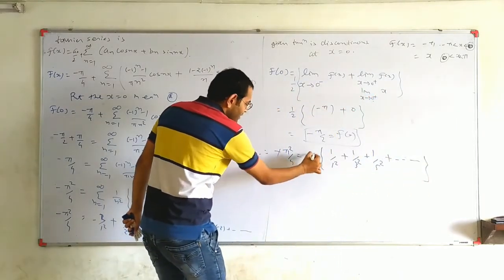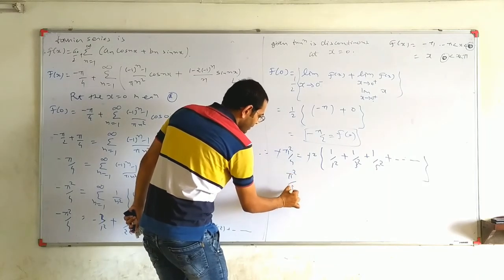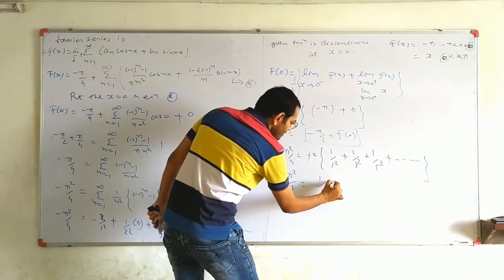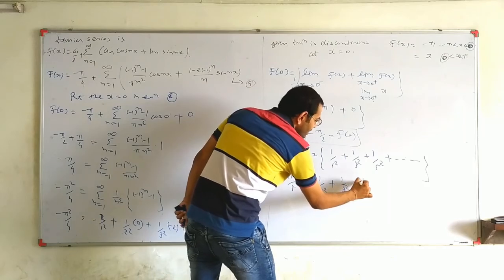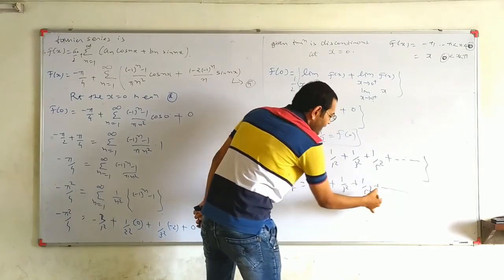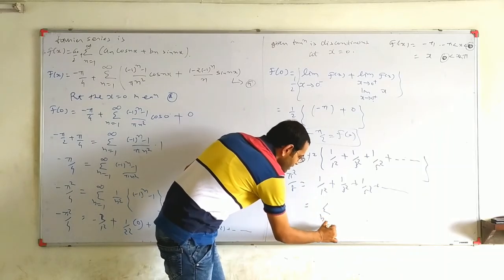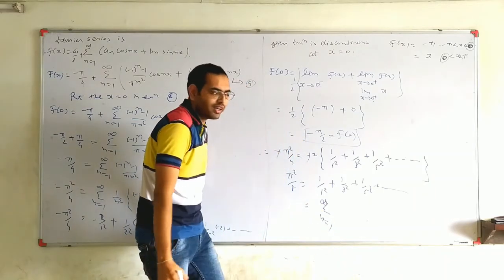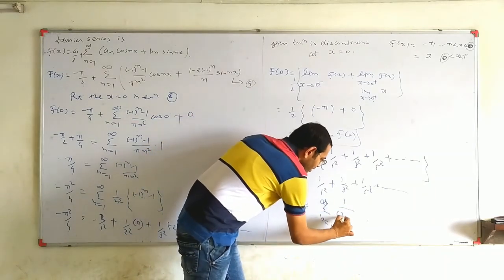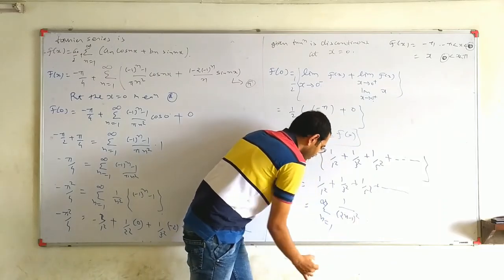Minus minus cancel, 2 comes inside. Then pi square by 8 equals 1 upon 1 square plus 1 upon 3 square plus 1 upon 5 square, and so on. Then this series in generalized form: summation n equal to 1 to infinity of 1 upon 2n minus 1 whole square.